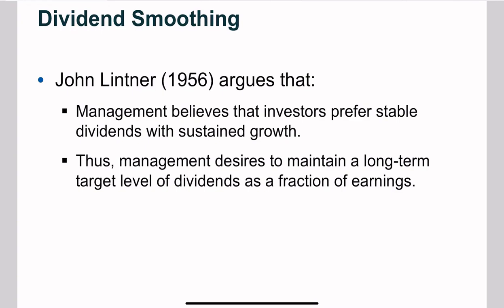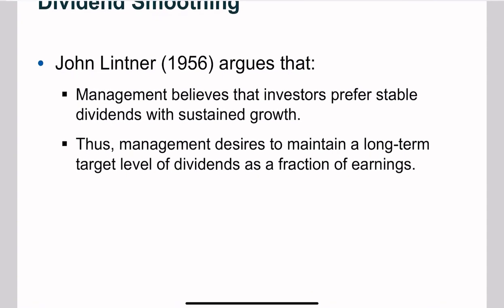So management will want to maintain a long-term target level of dividends as a fraction of earnings. That is basically, this argument says investors like constant dividends. So the firm will try its best to pay this constant dividends to investors.